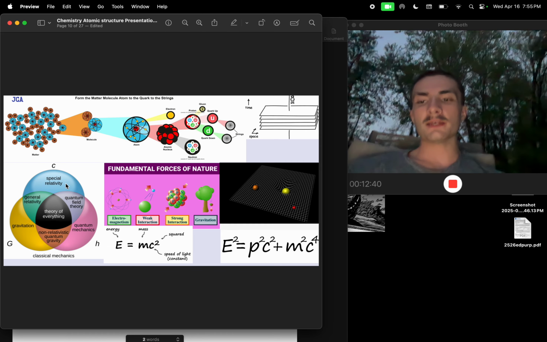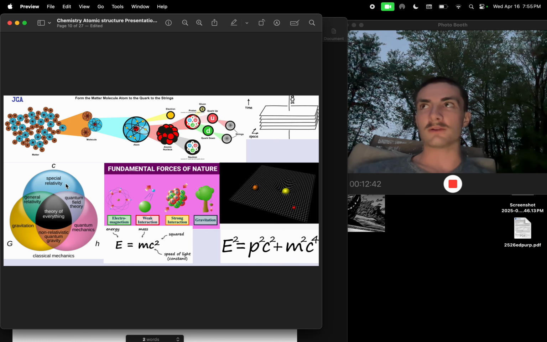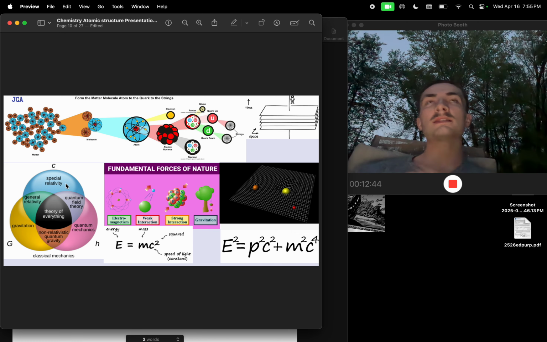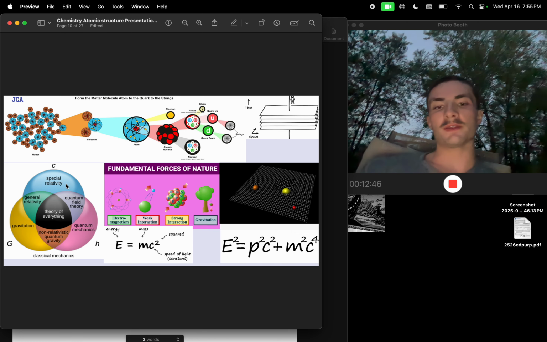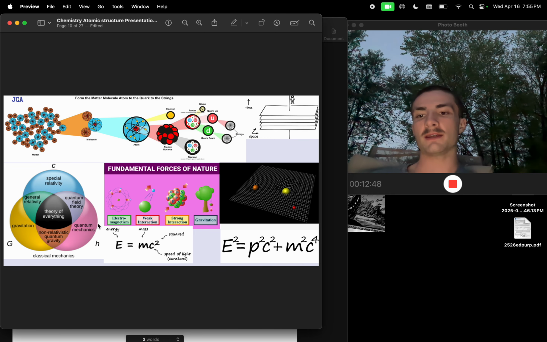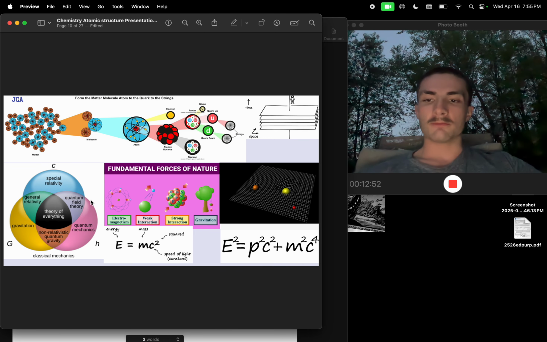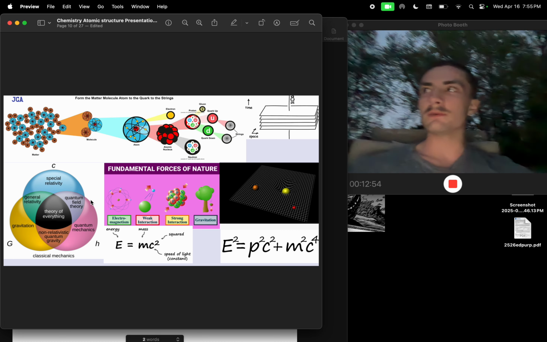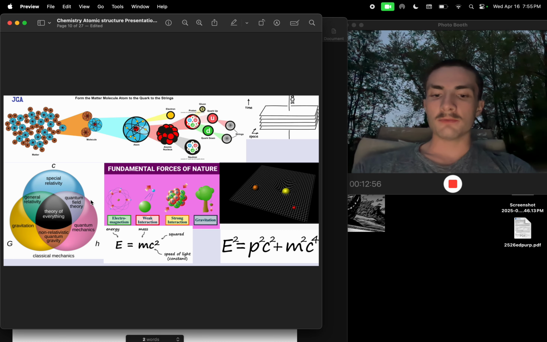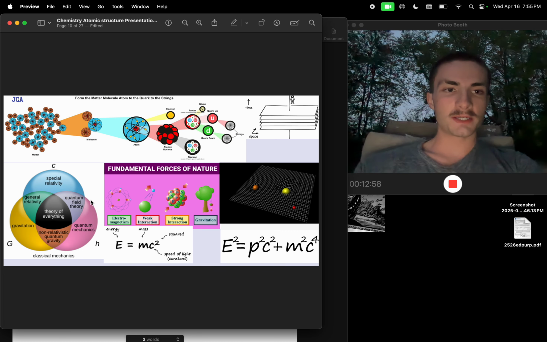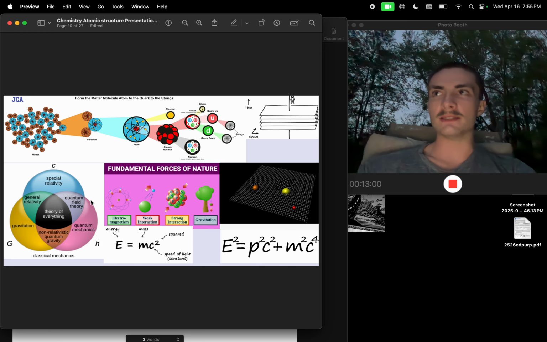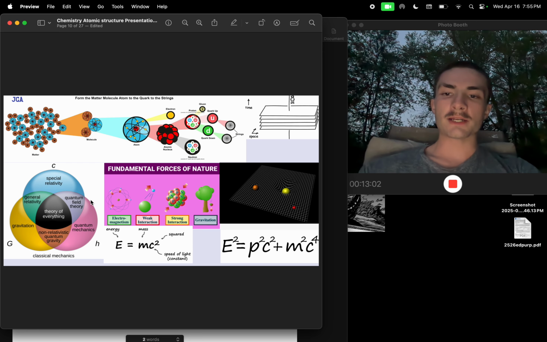Really, the physics of big things, or macroscopic things, isn't the same as the physics of small things, like quantum mechanics. And so they don't work well together. The math isn't mathing. You have problems with black holes, where the center of the black hole has infinite density, which doesn't actually make sense.